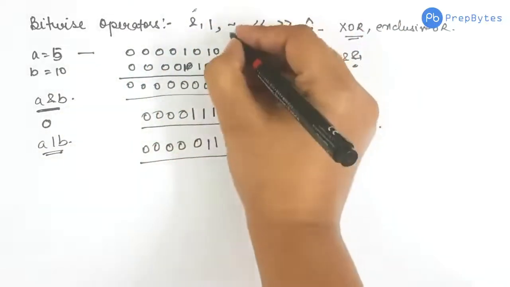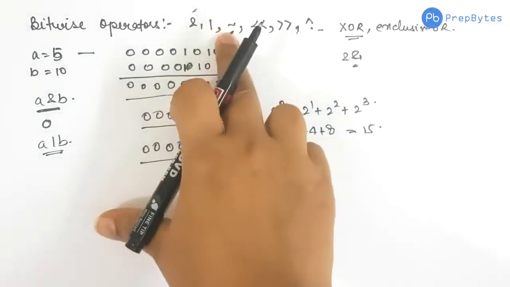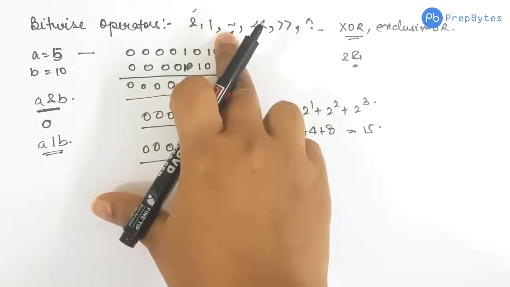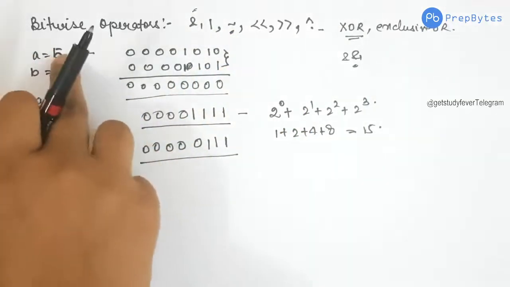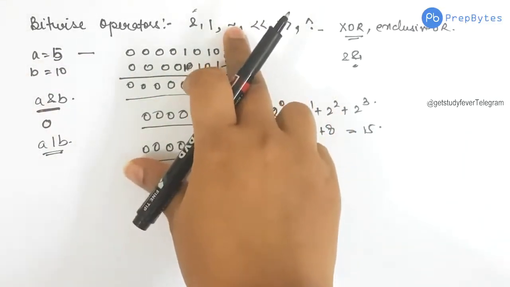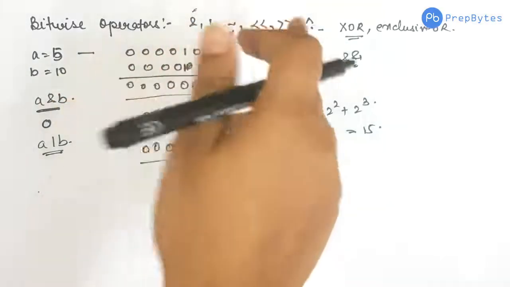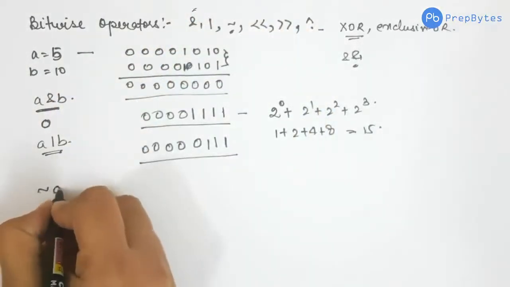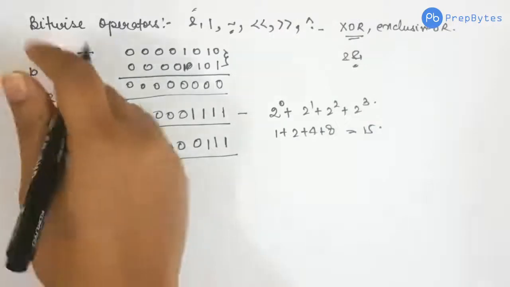Next we have negation or bitwise complement. What this bitwise complement does is that it toggles every bit. This is a unary operator, it operates on a single operand. So if I write negation of A, it will toggle all the bits of A. We know that our A is 5.